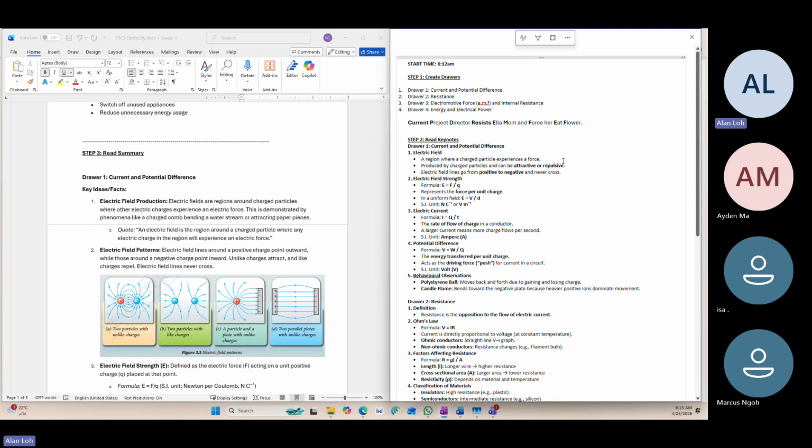So how do you remember the name of the drawer in sequence, these 4 drawers? So I created this main story. Current project director resists Ella's mom and force her to eat flour. Right.